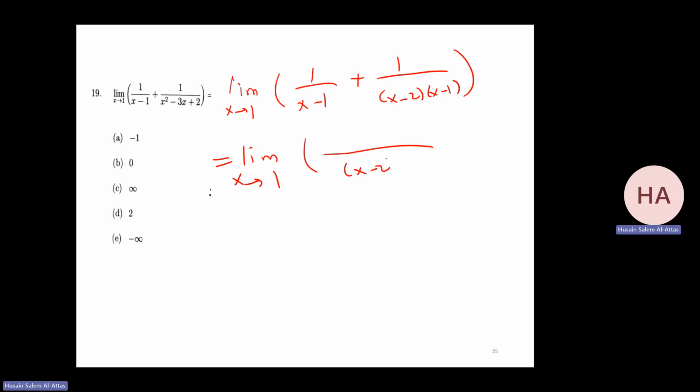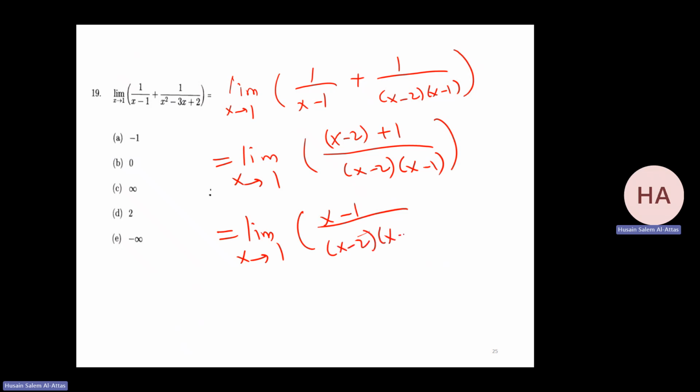I have x minus 2 times x minus 1, and I have what? x minus 2 plus 1. And that gives me the limit as x goes to 1 of x minus 1 over x minus 2 times x minus 1. Yes, now I can cancel this and then substitute. You get what? 1 over 1 minus 2, which is minus 1. And that will be the answer.